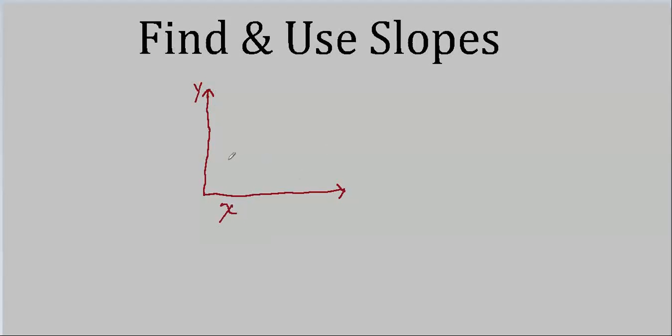Yeah, we have a line. Now this line moves in the x direction and it moves in the y direction, doesn't it? In the sense that you can go from here to here by only moving horizontally and vertically.